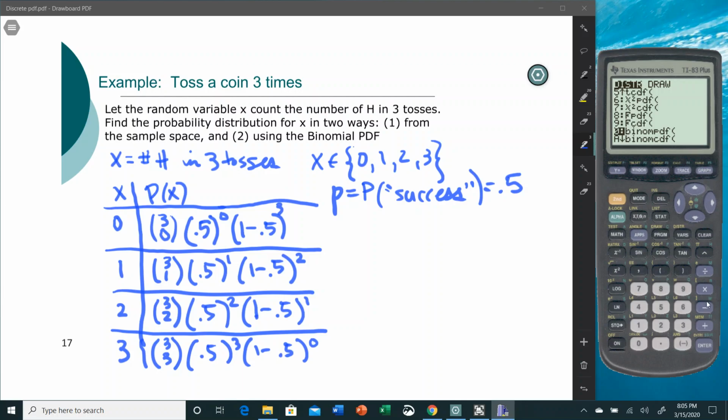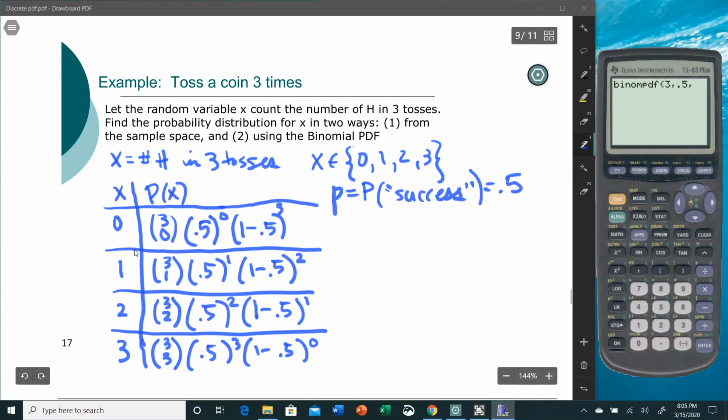The syntax is n, which in this case is 3, because there are 3 trials, then p, the probability of success, in this case 0.5. And then the value of x, or what I'm calling k here, varies. In the first case, it's 0. So that's 0.125.